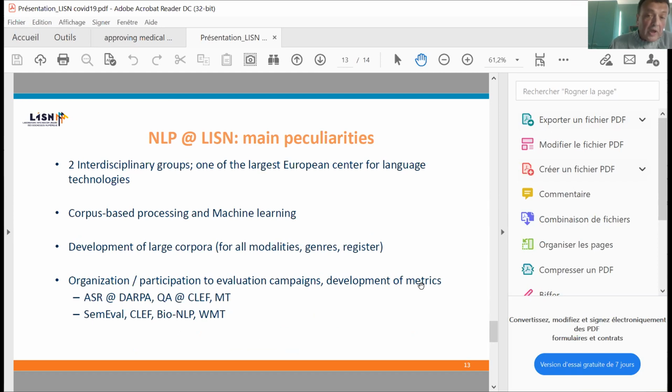So the main peculiarity of the NLP at LISN is that we have two groups, which represent a quite large center for language technologies. We are using corpus-based processing and machine learning.